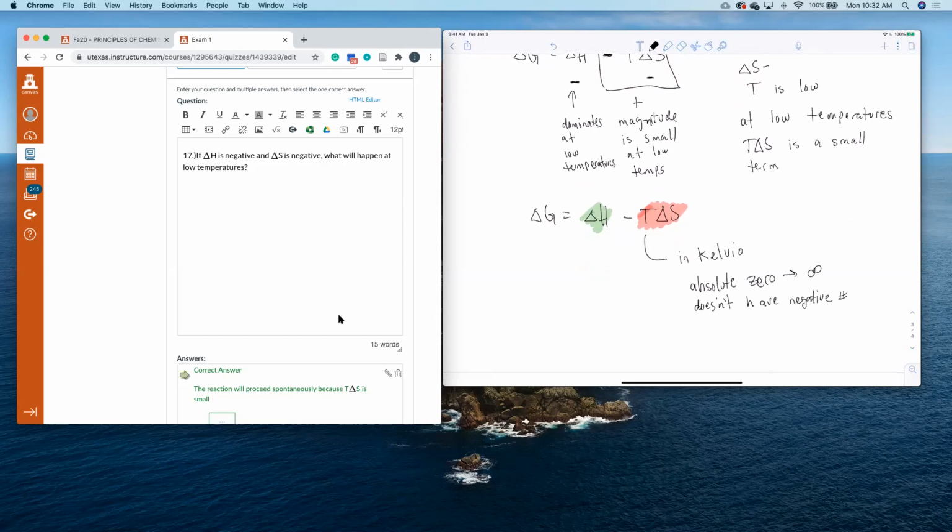For thermo, it gets confusing because sometimes we do actually use Celsius. But for delta G, delta H, and delta S, especially delta S, usually we're referring to temperature in terms of Kelvin. Certainly for this equation, it's always in Kelvin.